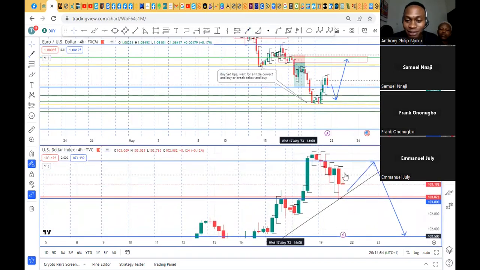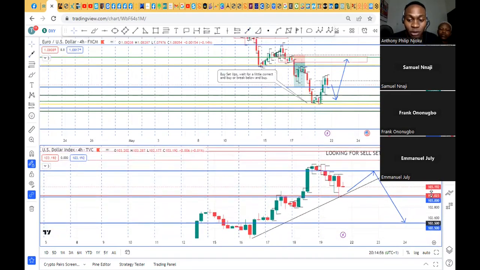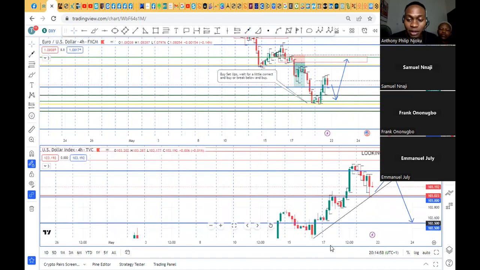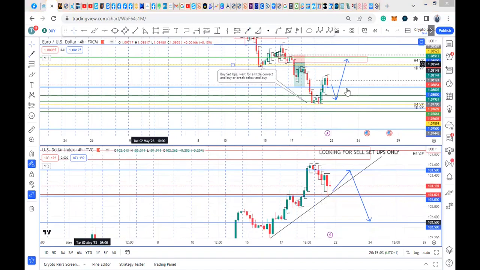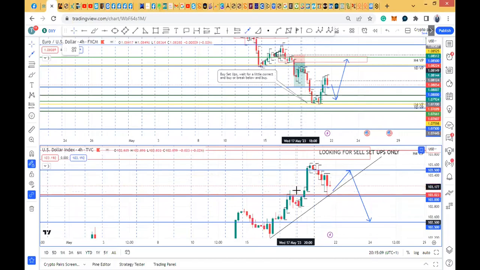Whatever the other one is doing, the opposite happens. If DXY is going up, Euro will be going down. Over here, this is DXY. DXY is going up over here, and DXY is going up over here.